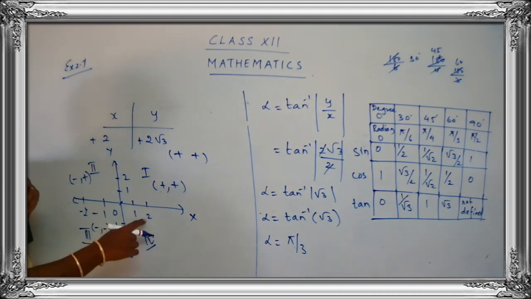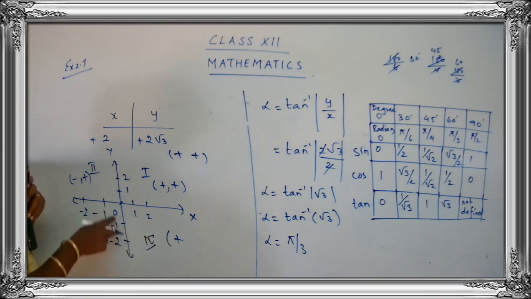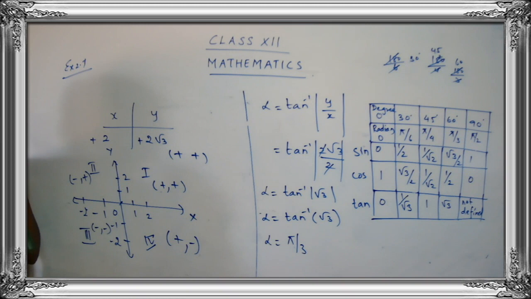For the fourth quadrant, you have plus minus: the values on x are plus and the values on the y-axis are negative. Okay, children, be careful. Plus plus lies in the first quadrant, minus plus in the second quadrant, minus minus in the third quadrant, and finally plus minus lies in the fourth quadrant. We are going to follow this and proceed to the next step.